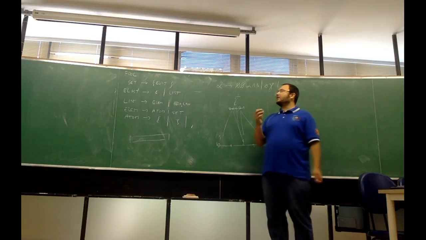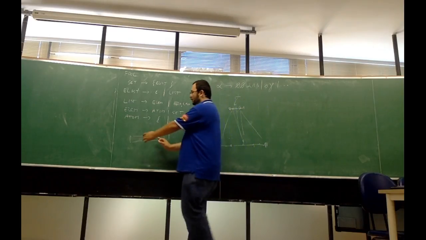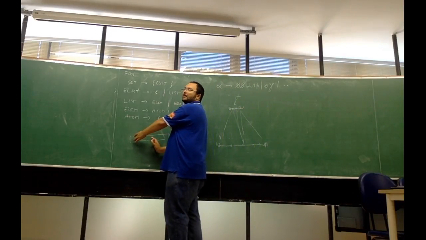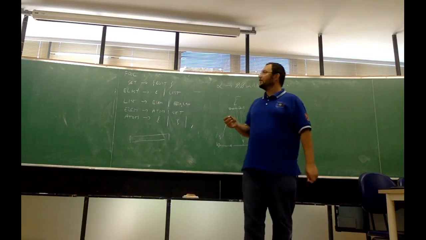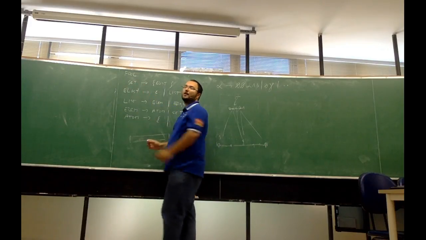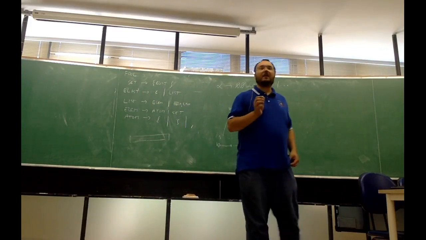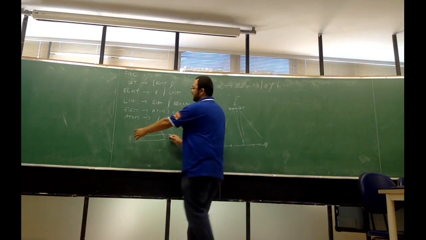So we can do this using dynamic programming. For each substring of the given string, and for each non-terminal symbol, we'll ask the same question, whether it is possible to generate this substring from this symbol. And once we answer all such questions, then we know the final answer whether this entire string can be generated from this one.